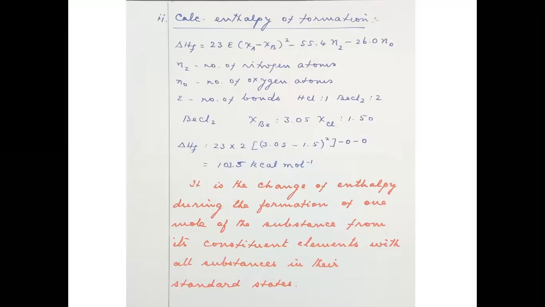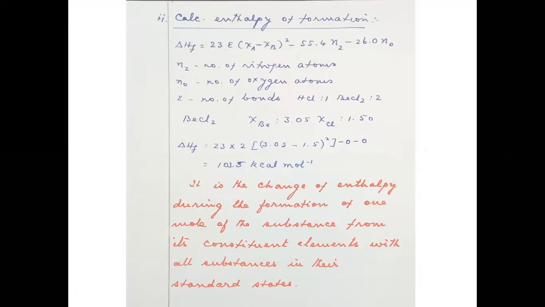And the second application is the calculation of enthalpy of formation. What is this enthalpy of formation? It is the change of enthalpy during the formation of 1 mole of the substance from its constituent elements with all substances in their standard state. So for example, I want to form a water molecule.